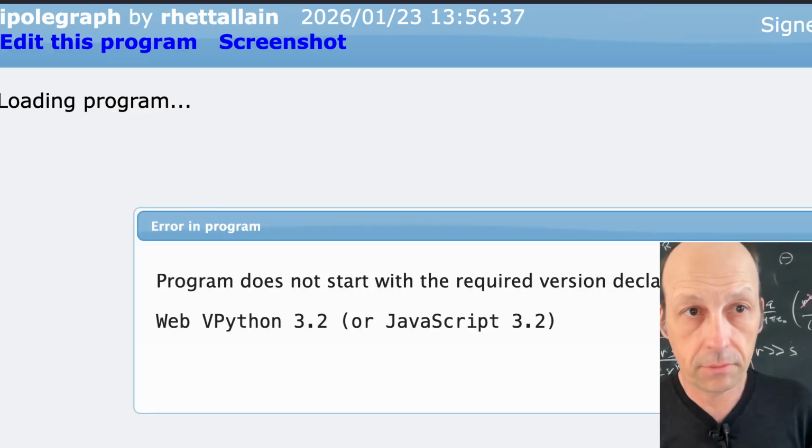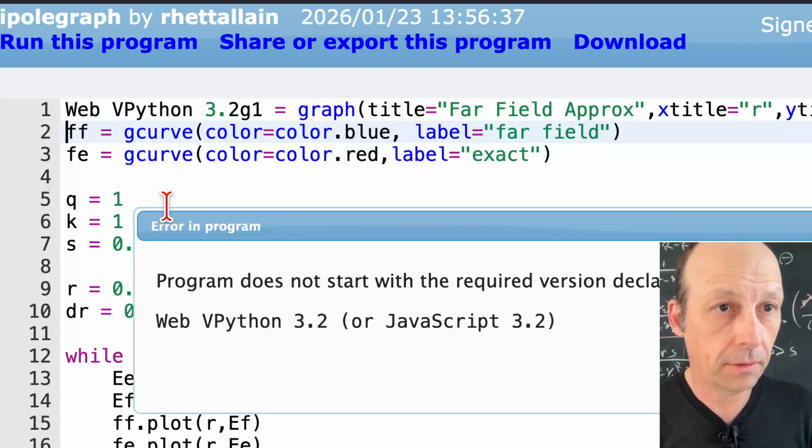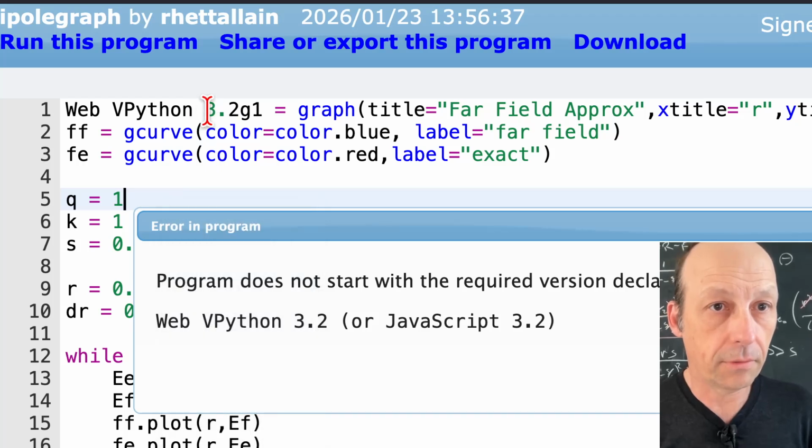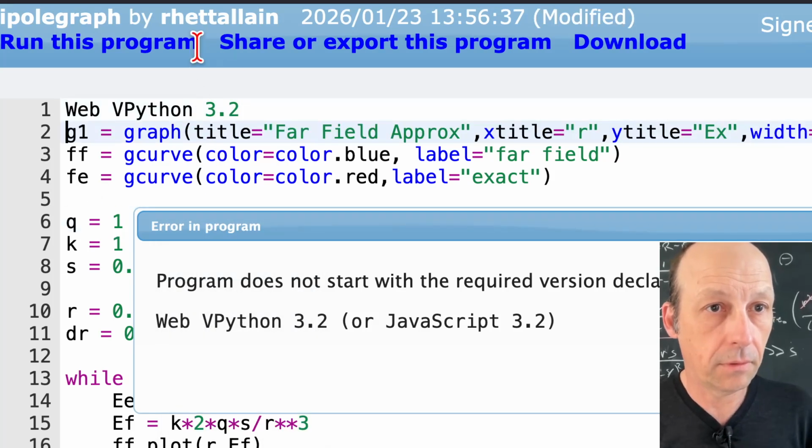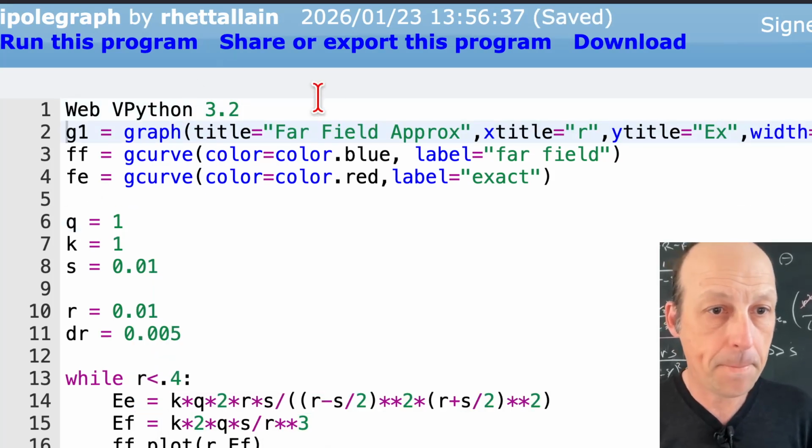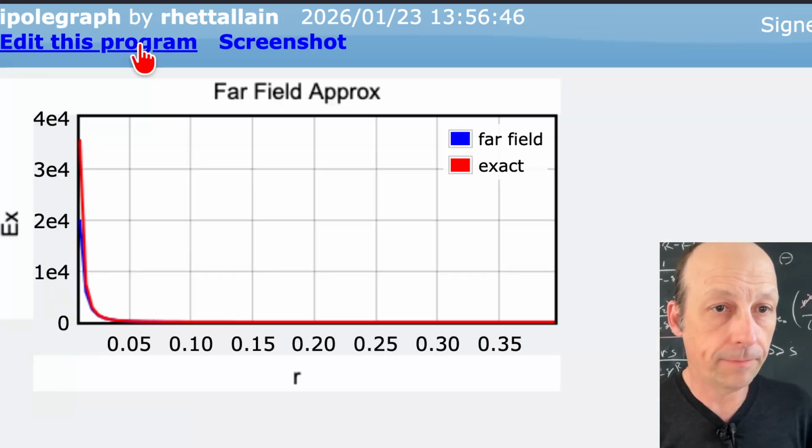Oops, I deleted something. Oh, I see what did it up here. So I'm at 0.1.